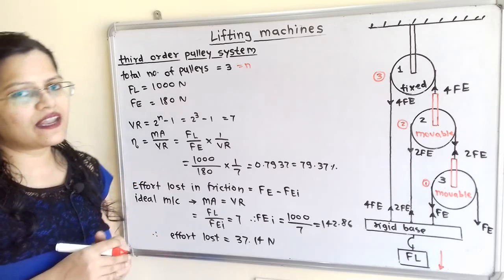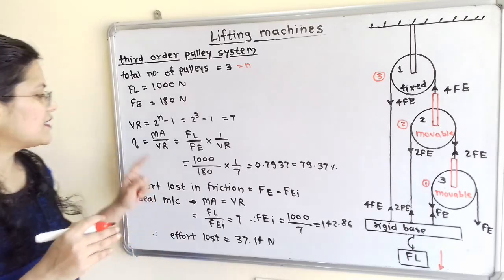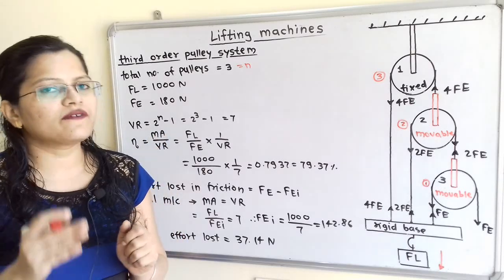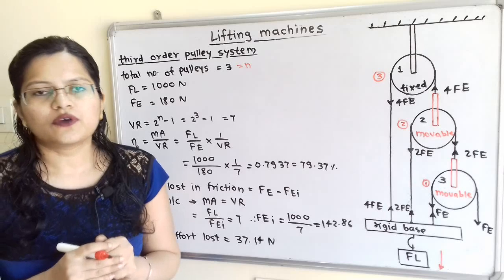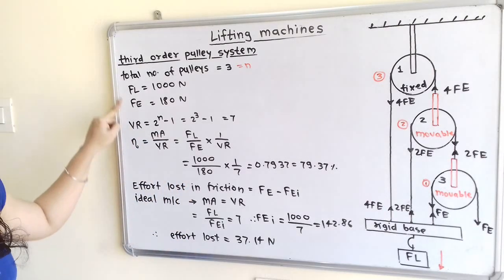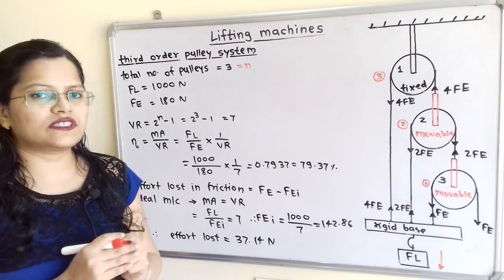Now we have to calculate the efficiency of the system. Efficiency is the ratio of mechanical advantage by Vr, the velocity ratio. Mechanical advantage is the ratio of Fl by Fe. Both values are known. Now we have to calculate the velocity ratio.